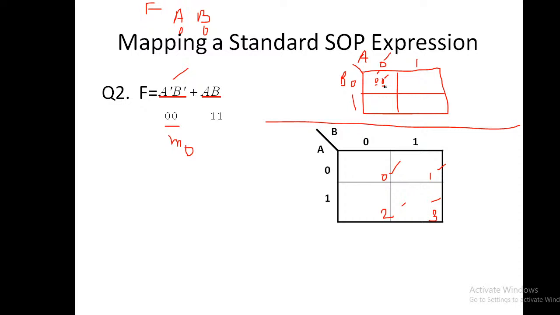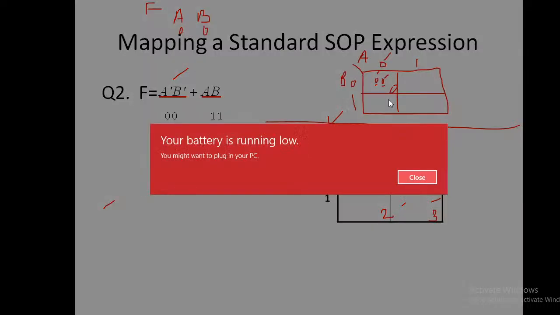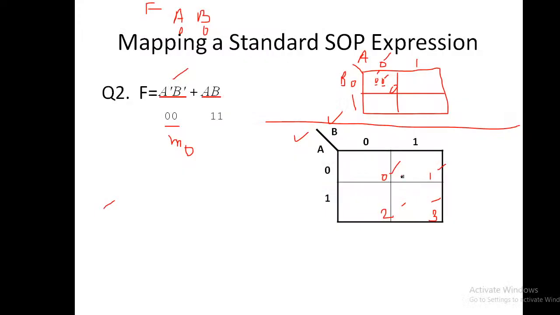Every time I tell you, people get confused, so I prefer writing A this way and B this way for every problem. If you write A here and B here, the position will be 0. Can you tell me what the position of this will be?